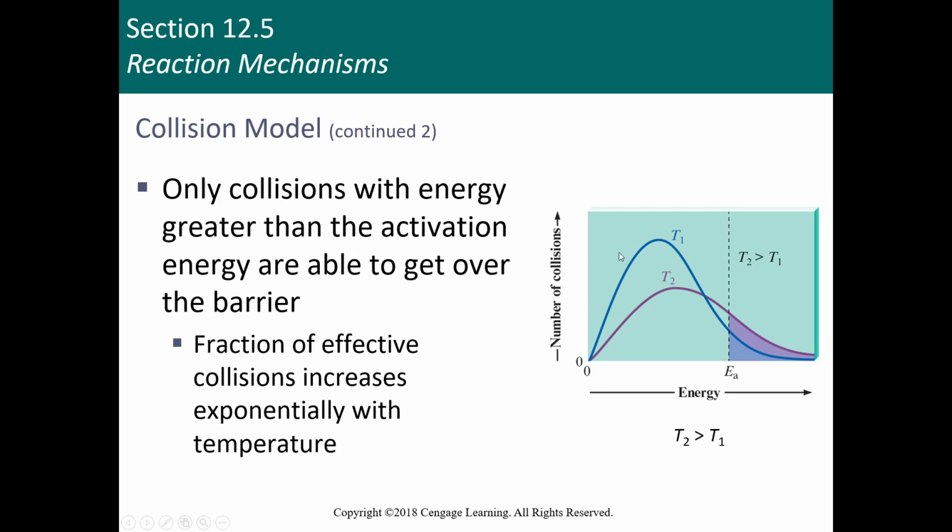This is why, for example, if you bake something at 350 degrees Fahrenheit, it may take an hour to bake, but if you bake it at 400 degrees Fahrenheit, it'll take about 30 minutes maybe, or closer probably to 20 minutes. It's an exponential increase, it's not linear, okay?